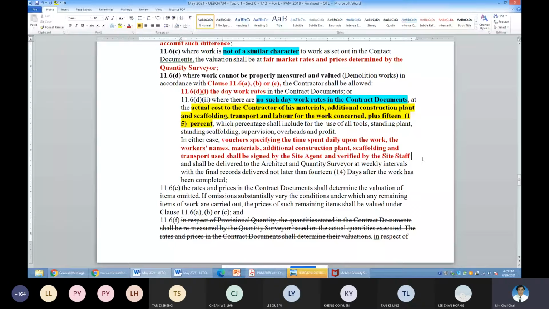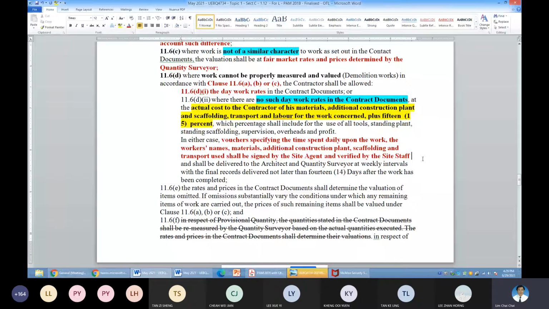I repeat, as a QS, you have to evaluate as per the vouchers, timesheets, and material that are signed or endorsed by the site agent representative, site agent, site staff, or the site representative assigned by the named architect. I hope you are clear. QS have no authority to adjust any of the figures that are signed by the site staff and the site agent. You have no authority.